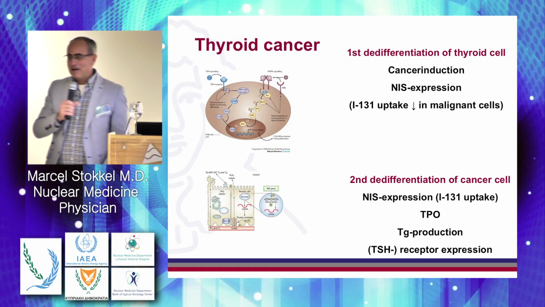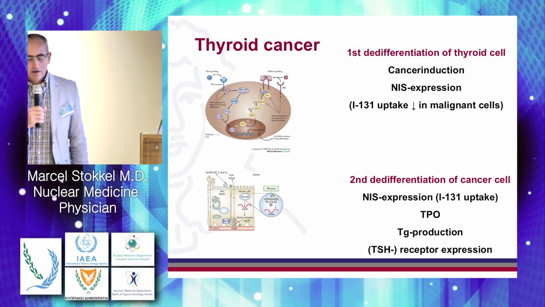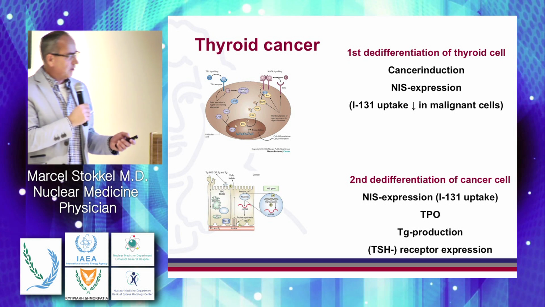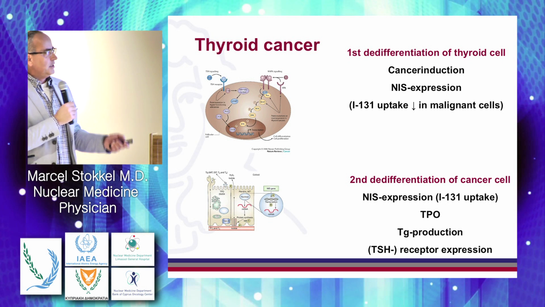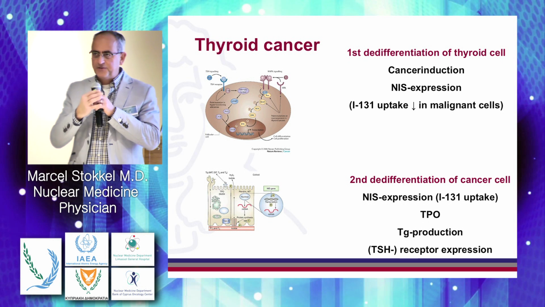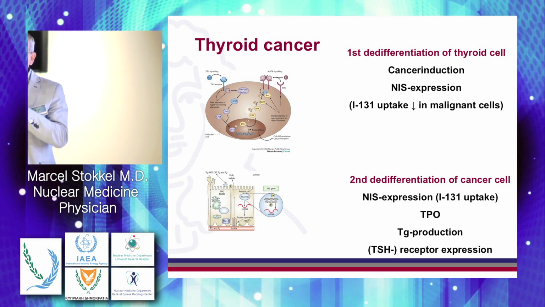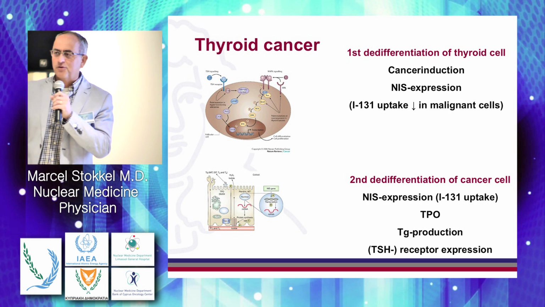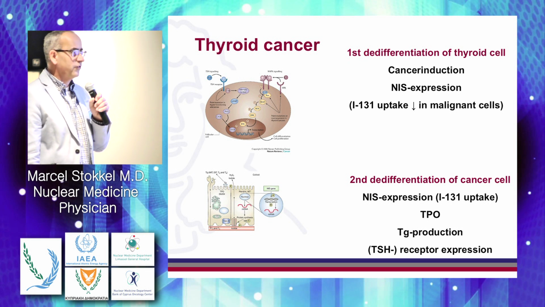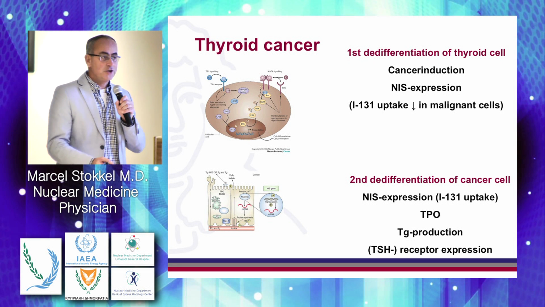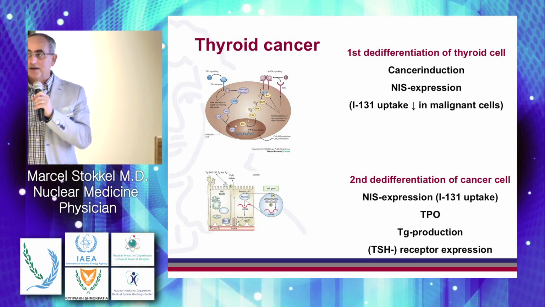It's okay. When we talk about the ablation of thyroid cancer, again, this is probably one of the most important issues in this field. In fact, we're not ablating thyroid cancer, we're ablating a thyroid remnant. We're not ablating malignant tissue, when the surgeon has done his work properly.